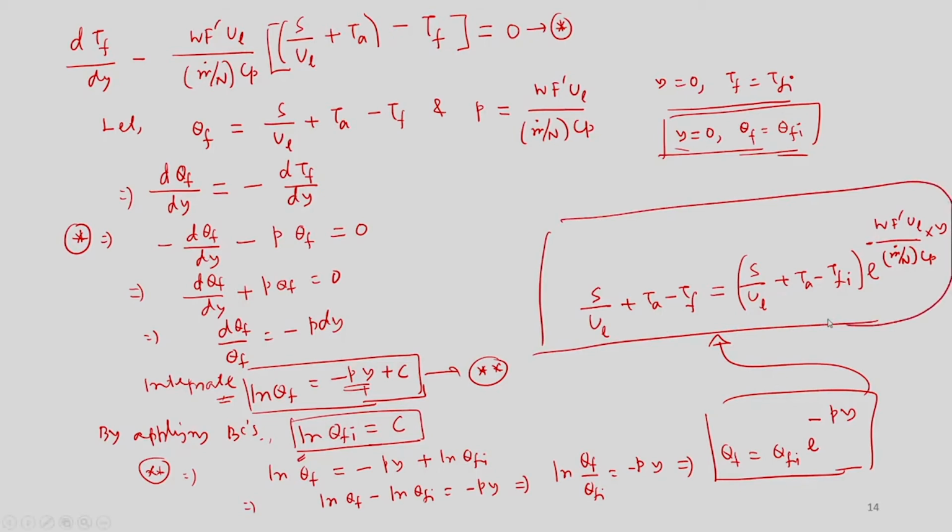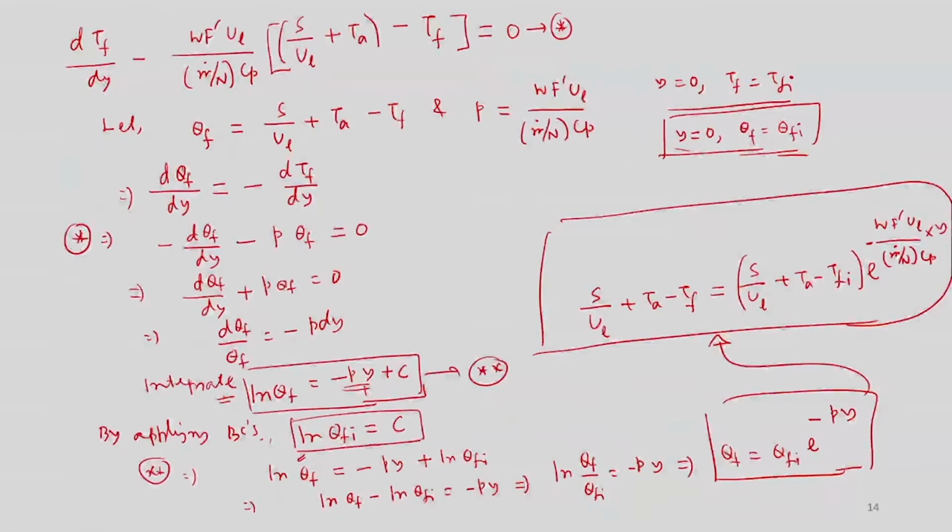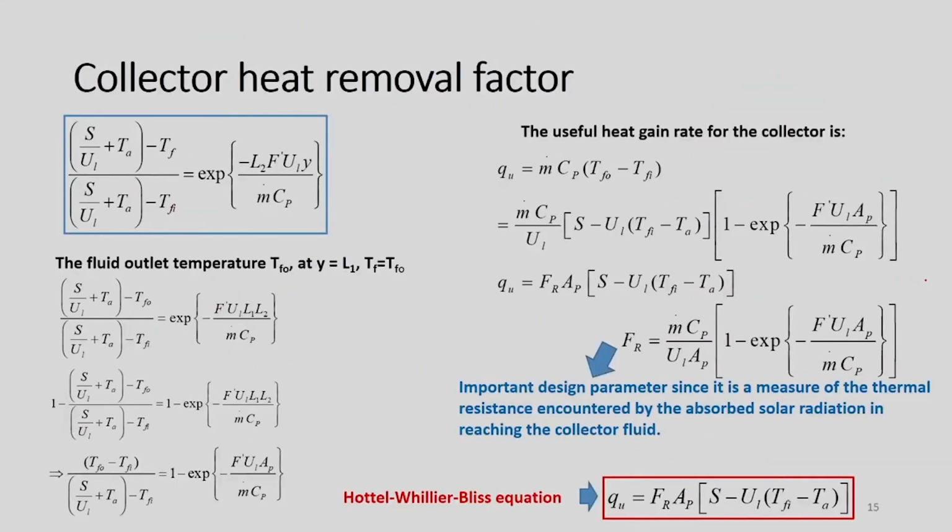So now move to the next slide. So if we divide both the expression by S minus U L plus T A minus T F I, then what we will have? This divided by this will be this part. Okay. So that's how we will show here. So this will be something like this, right. So this fluid outlet temperature.